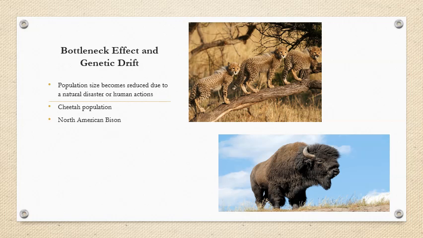They believe that the cheetah population faced a bottleneck about 10,000 years ago during the late Pleistocene. The bison population, on the other hand, experienced a bottleneck during the late 1800s, and it was basically due to overhunting. They were being hunted for their hides, meat, and sport.